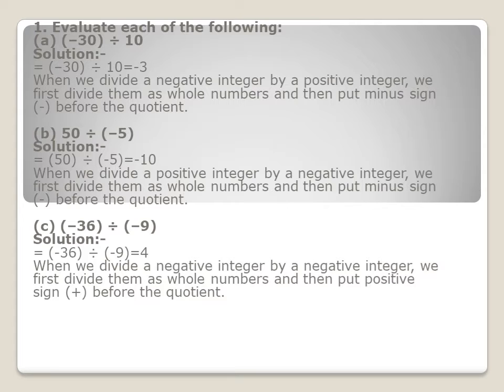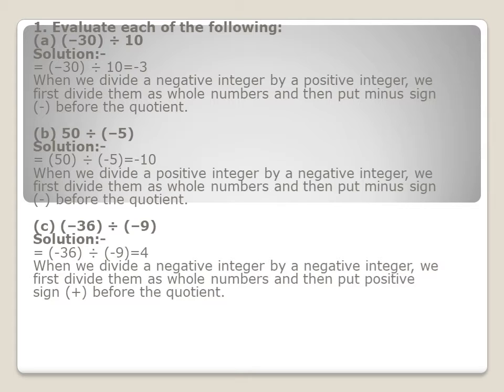Hope it is clear. Now bit number C. Here both are negative: minus 36 and minus 9. The dividend and the divisor both have the negative sign, so the negatives will get cancelled. Minus 36 divided by minus 9 is equal to 4: 9 ones are 9, 9 fours are 36.